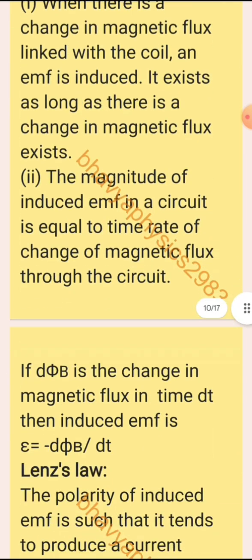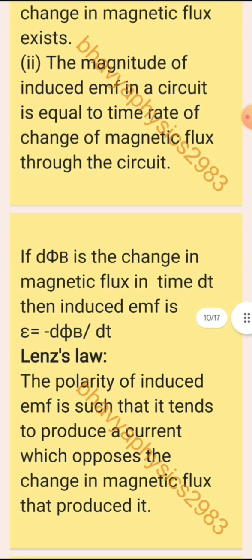Phi b is magnetic flux, B stands for magnetic. D refers to change, so d phi b is the change in magnetic flux in time dt. Then induced EMF is E equals minus d phi b divided by dt.